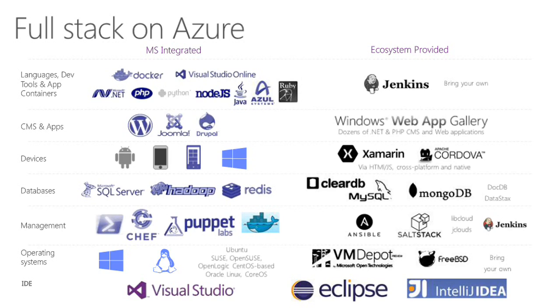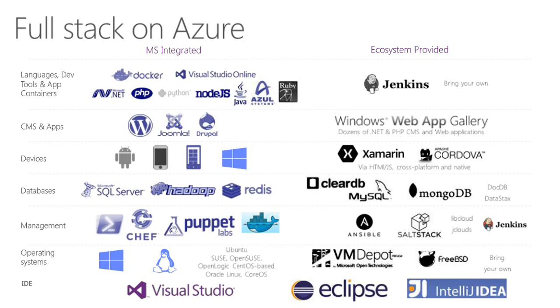If you look at the slide, we have the MS integrated set of ecosystems that we support today, and what the ecosystem is providing. The MS integrated column talks about where we've done specific work to integrate with Azure deeply. The ecosystem provided one is where the open source community is doing the work to make Azure a supported public cloud provider.